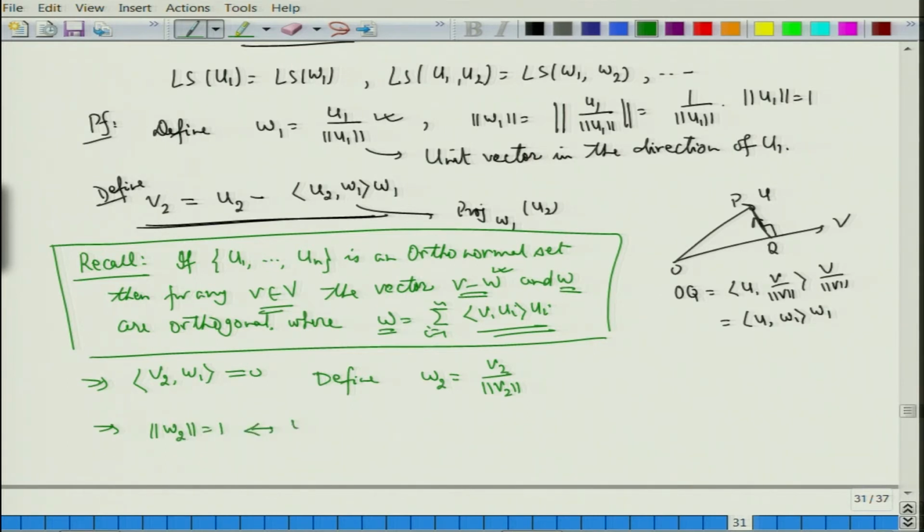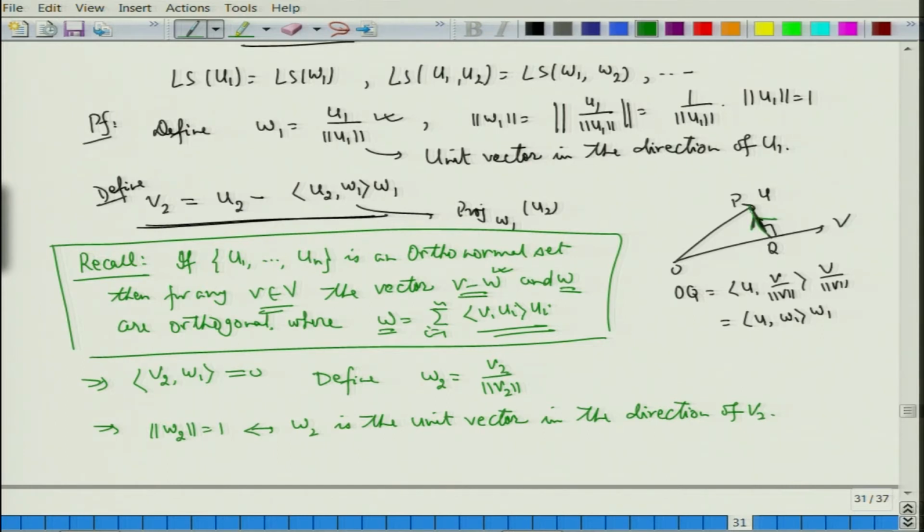So, what is W2? W2 is the unit vector in the direction of V2, which is this direction.